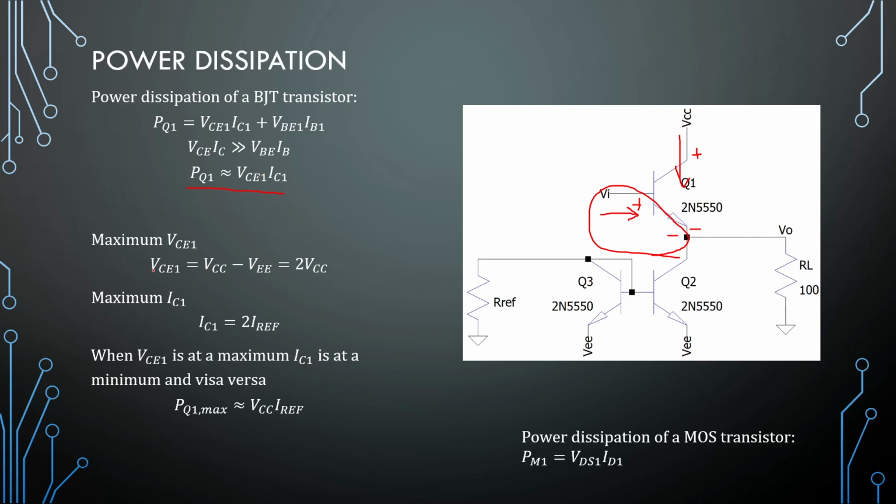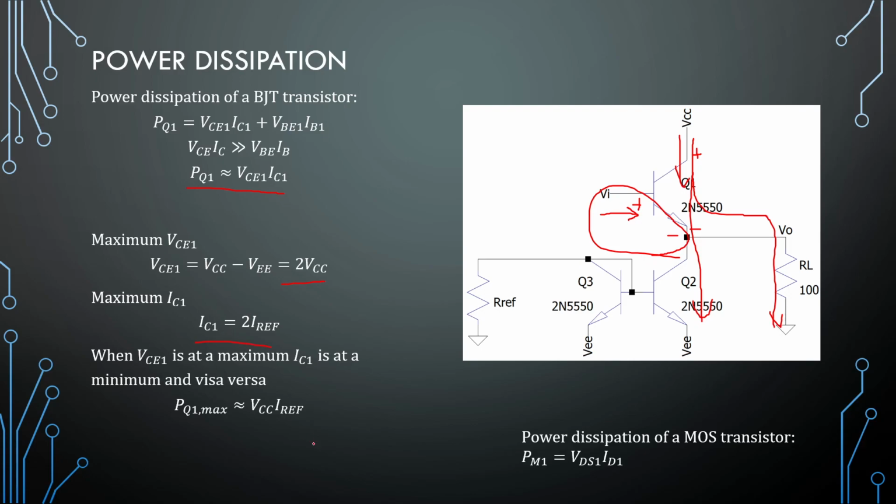Right. The maximum over this transistor is VCC minus VEE, so the whole rail can be over this transistor when it's fully on. So it's 2 times VCC. There is constantly an amount of current of I reference flowing through this transistor, sometimes 2 times the amount of reference current.